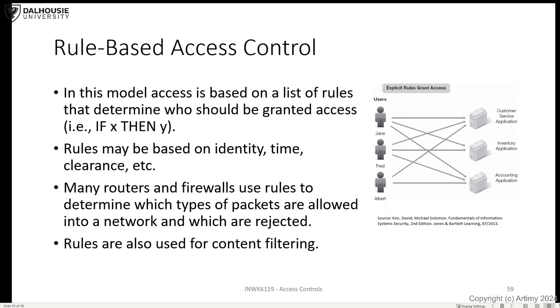Or a certain destination in the network. So if this packet matches this criteria, source, destination, TCP port, etc., it can go and reach that destination. So rule-based is a very common access control mechanism.